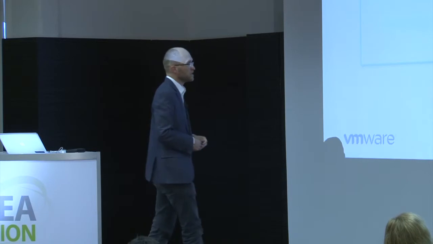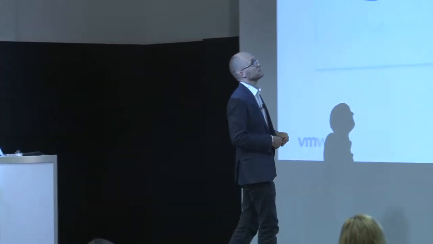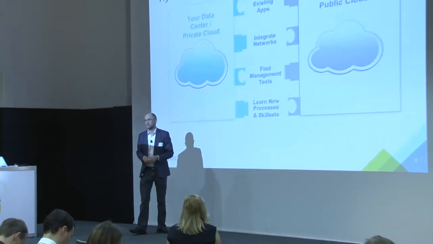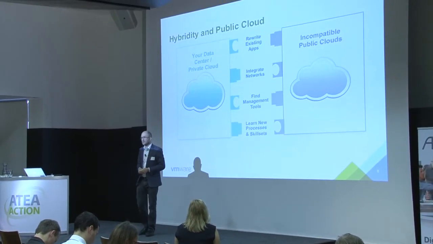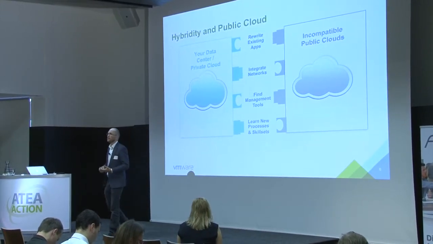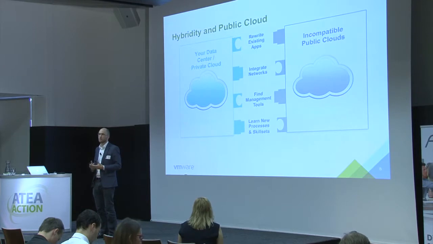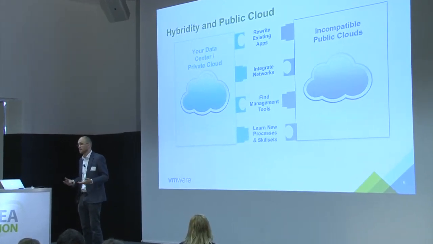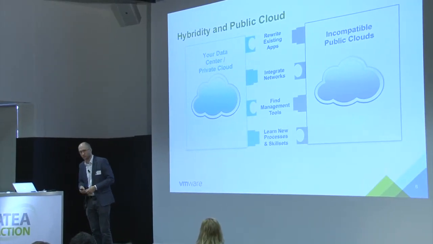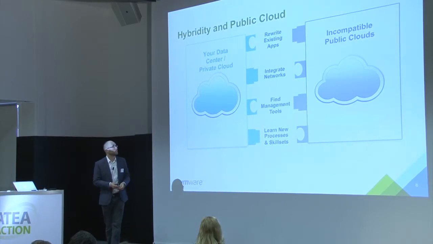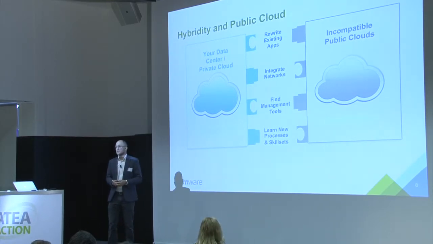If we look at our competitors, the most challenging things about them are, first of all, you need to rewrite bits and pieces of applications in order to make them run in Amazon or in Azure. And I'll come back to the reason why later. Secondly, integration of networks can be difficult.